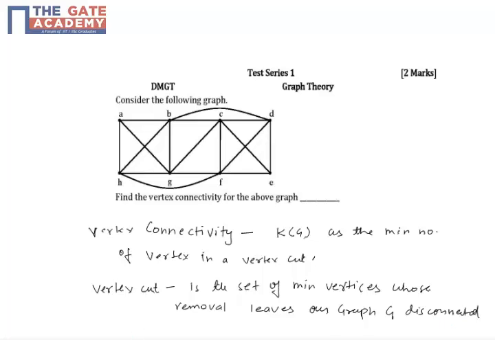So we have to find a set of vertices which is the minimum, so that if we remove those vertices from our graph, it leaves our graph G disconnected.